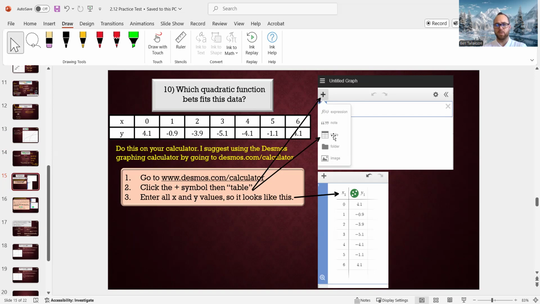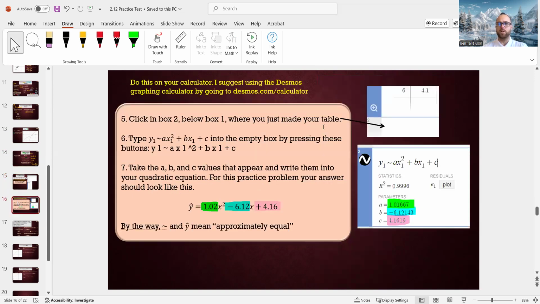From there, you're just looking at your table with your values and putting them in, all your x's and your y's. Then you want to click in box 2, just below box 1 where you made your table, and type this in, okay?